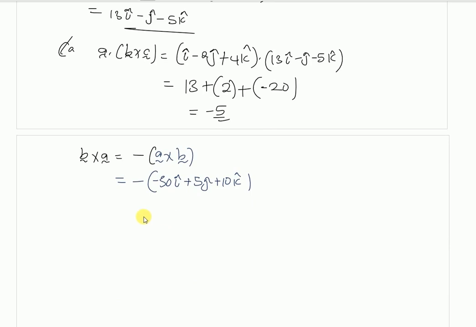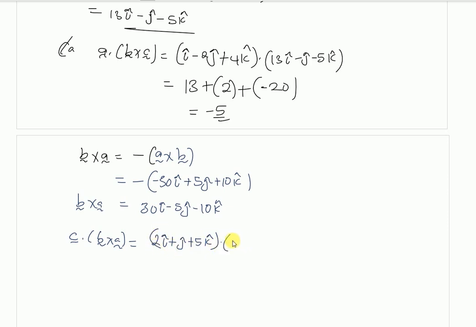And now the negative version of that, this one is 30i minus 5j minus 10k, that is B cross A. And now they want B cross A dotted with C. So C dotted with B cross A. We know that C is the vector 2i plus j plus 5k.